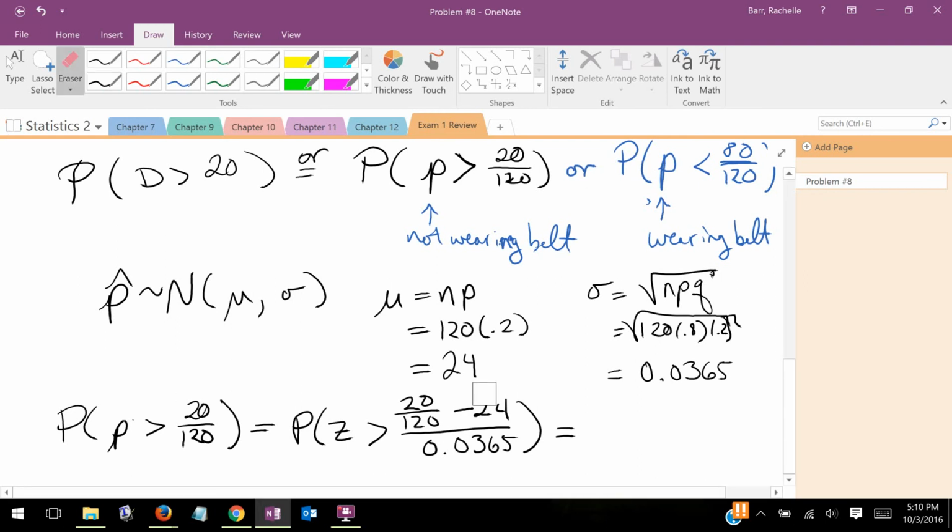Sorry about that. This has gotten really confusing, because this should be my mean of proportions. I have gotten this wrong.